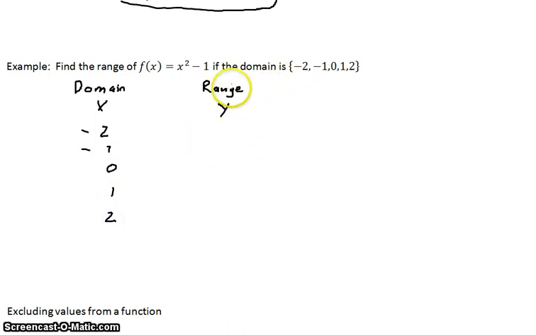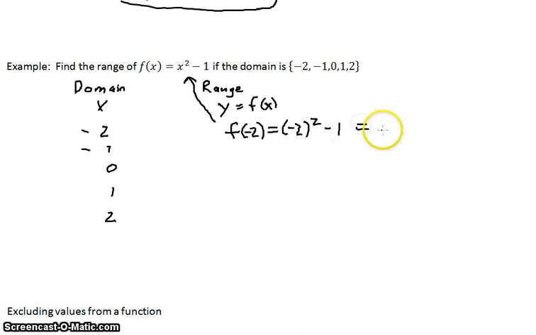And the way that you find the range values, the y is the same thing as whatever your function value is. So what you need to do is you need to find out what the function is at -2. So you're going to plug -2 into this equation. So -2 squared minus 1. So it's going to be 4 minus 1, which is going to be 3.